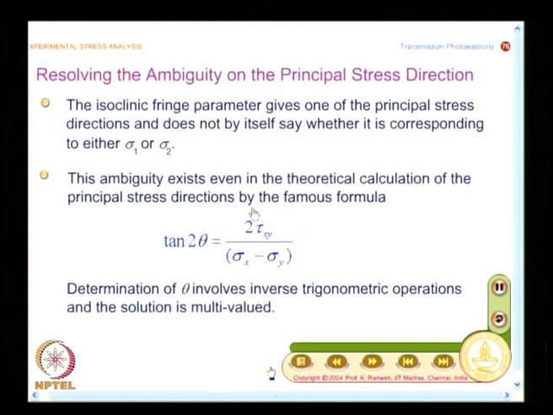When you find theta from this, because the evaluation uses inverse trigonometric operations, the solution is multi-valued. You do not know whether it represents the theta 1 direction or the theta 2 direction.